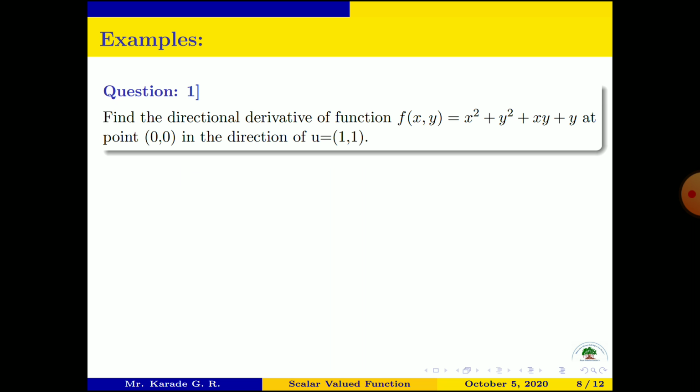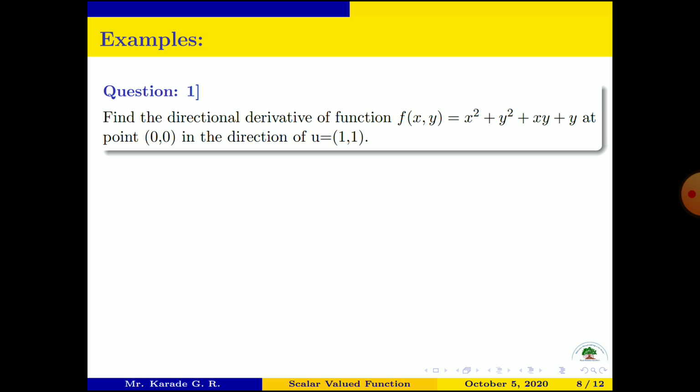A scalar valued function is given, point a is given, vector u is given, and we have to find the directional derivative of the function f at point 0 comma 0 in the direction of vector 1 comma 1 by using the definition of directional derivative.